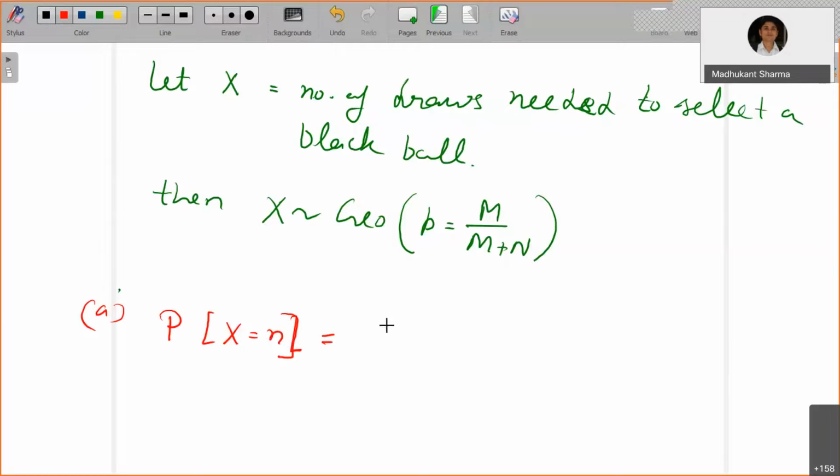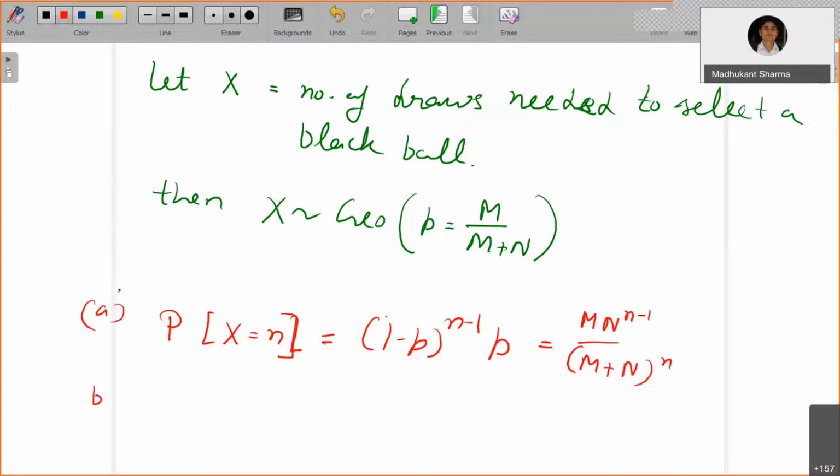That is very easy to write: 1 minus p to the power n minus 1 times p. Now fix the value p equals m by m plus n, and you can complete it and verify that this is m times n to the power n minus 1 divided by m plus n to the power n.